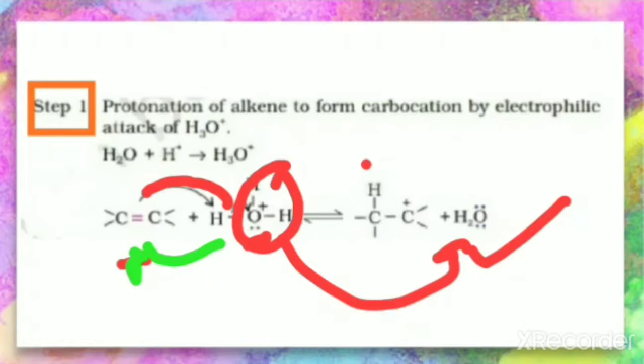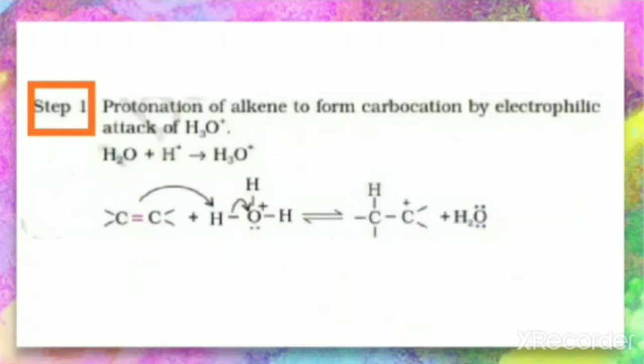Because H positive does not have an electron, the electrons for forming the bond are given from the double bond. The double bond breaks and that electron pair is utilized to form a bond of H with this carbon. So there will be formation of a carbocation. You can see the carbocation is formed and water is formed.